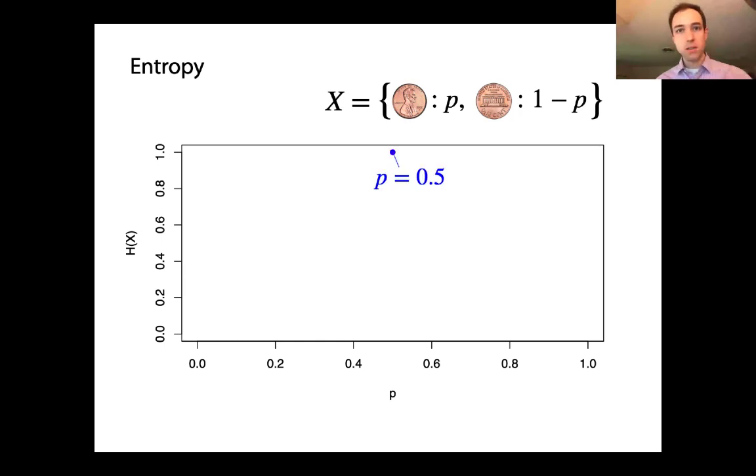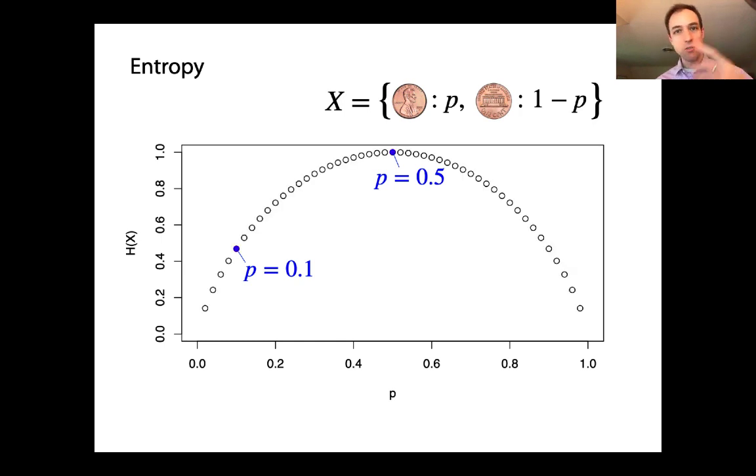And we did the point p equals 0.9, which had a Shannon entropy of around 0.47, I think we said. So there's that point. And now let's draw the rest of them. I just tried a bunch of values of p ranging from 0 up to 1. And there we go. We've got a Shannon entropy curve, and it peaks at p equals 0.5, and then it goes down symmetrically on the other side.